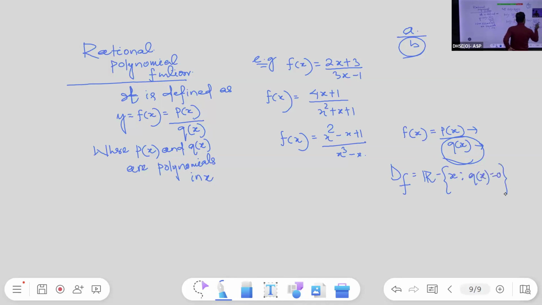Clear? The points at which q of x is 0 should be subtracted from the set of real numbers. The points at which q of x is 0, the function will be undefined at those points. Clear?